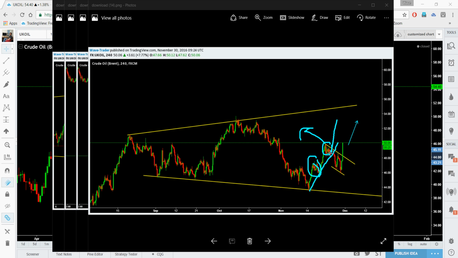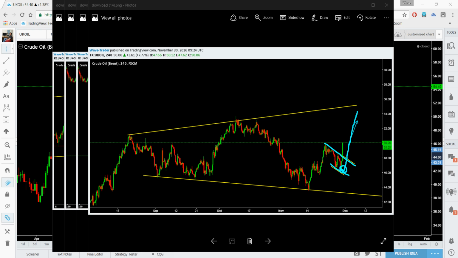Price can come to the downside and can stop you out and then continue to the upside. And you guys remember that when this pattern was forming, I told you to look for a buy setup somewhere here. Yeah, it can break to the upside and can continue to the upside further.